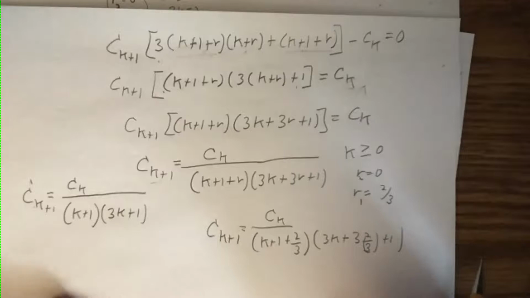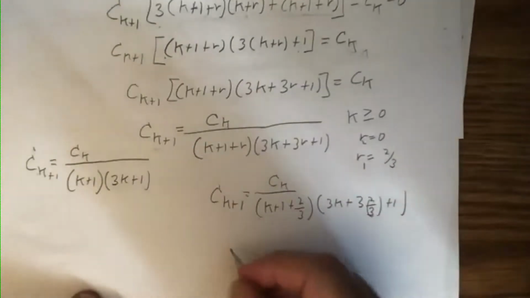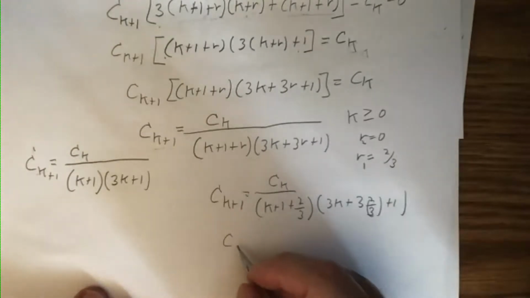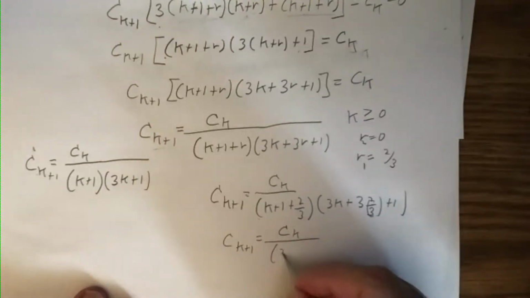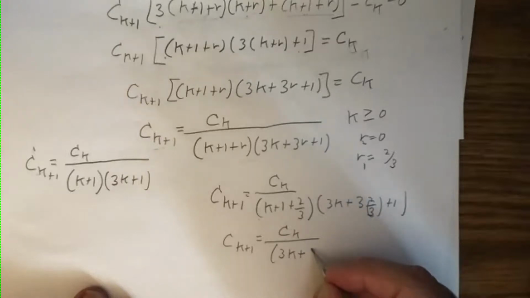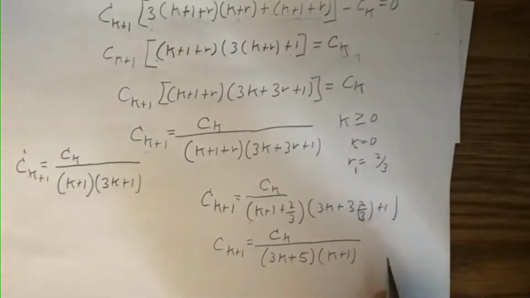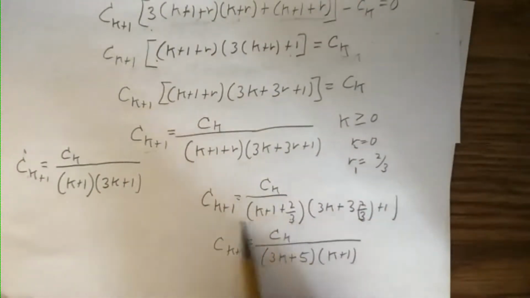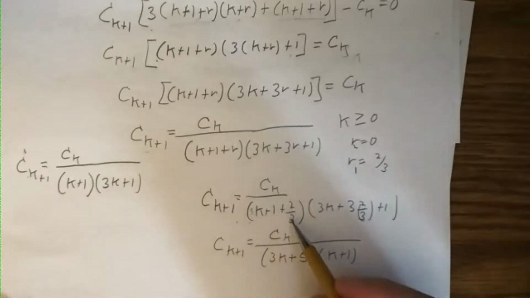Okay, and let's see. If I factor 3 out of here, when you do the algebra, this becomes 3k, and then you're going to get a 3 here.